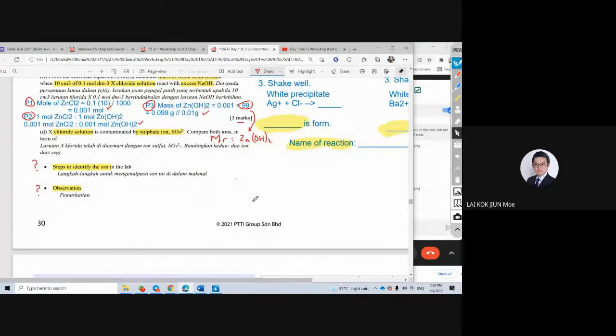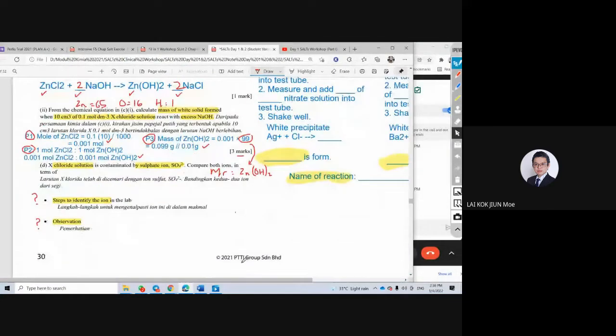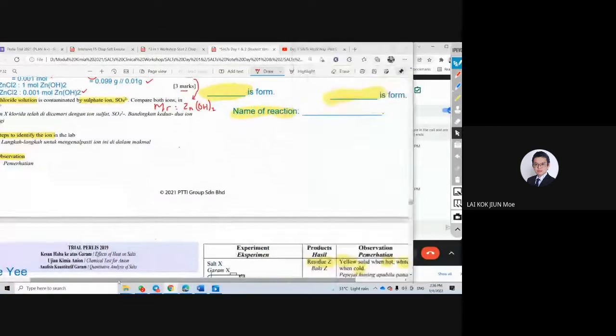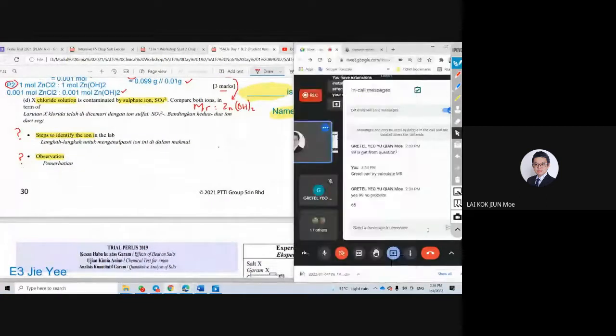Step to identify. So observation how much? Wow, you see, you have to do the pre-analyze. How many marks for observation? Anyone can guess? You can help Rachel. How many marks for the step? Have to do pre-analyze. This one is important.